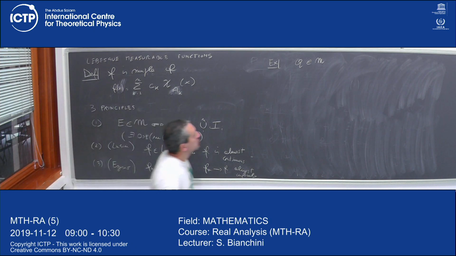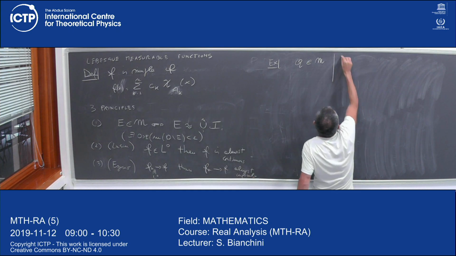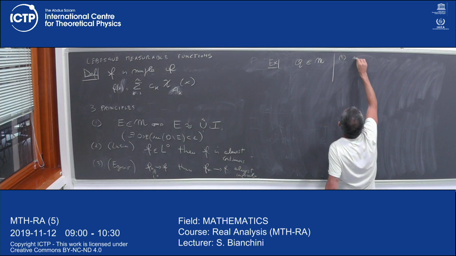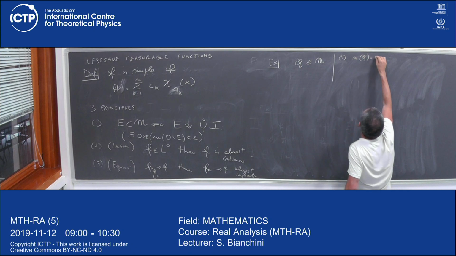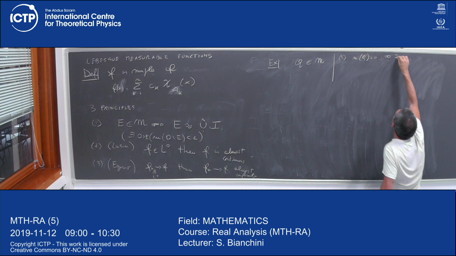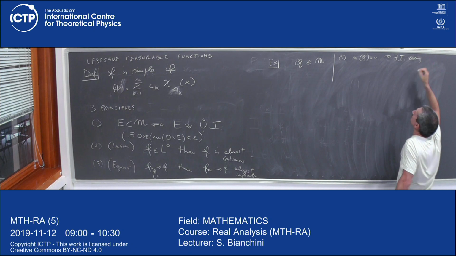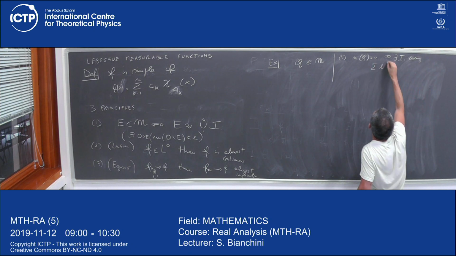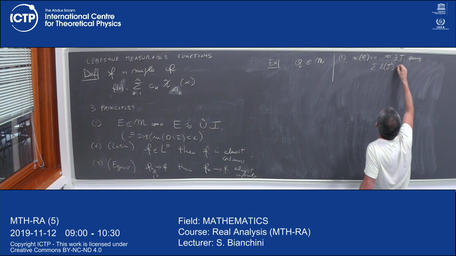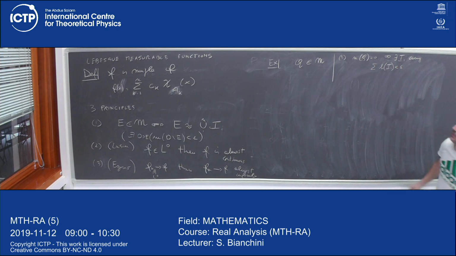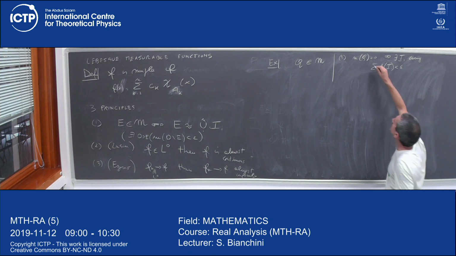Okay, so for the first principle: the Lebesgue measure of Q is equal to 0, so there exists a covering such that the sum of the lengths is less than epsilon, for all epsilon. So in particular, I take finitely many of these sets.